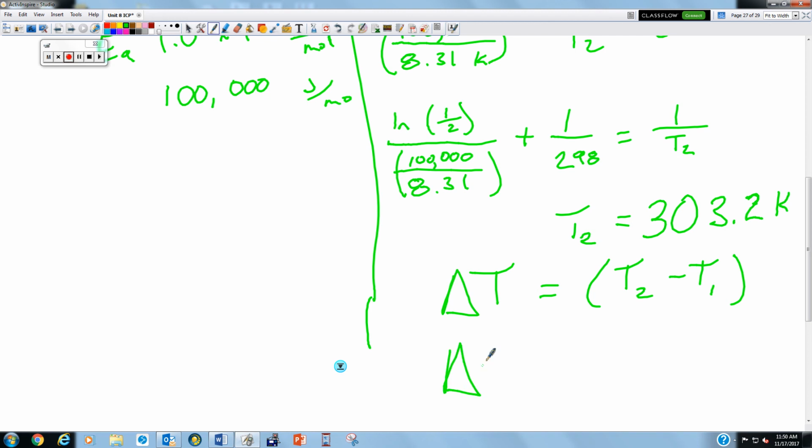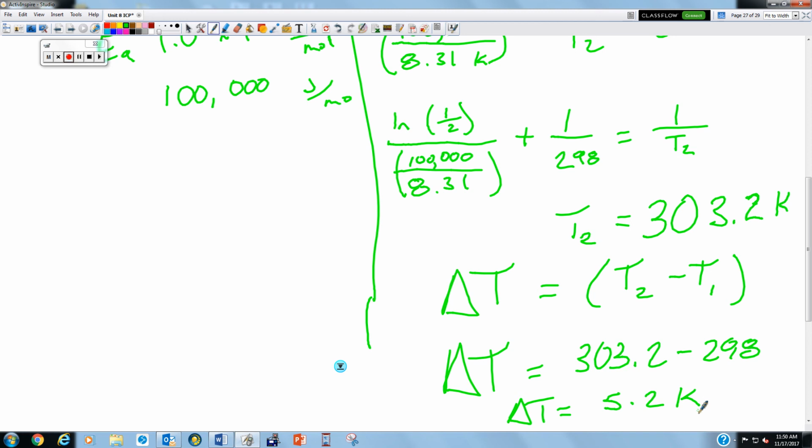So delta T is equal to 303.2 minus 298, and that gives us a delta T of 5.2 Kelvin. All right, that is it for collision theory and the Arrhenius equation.